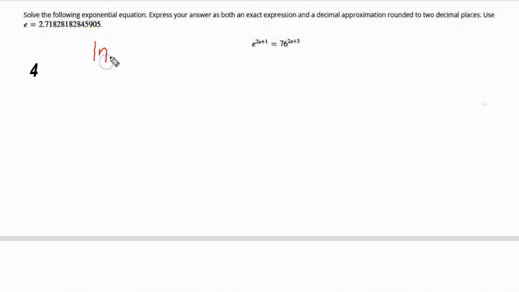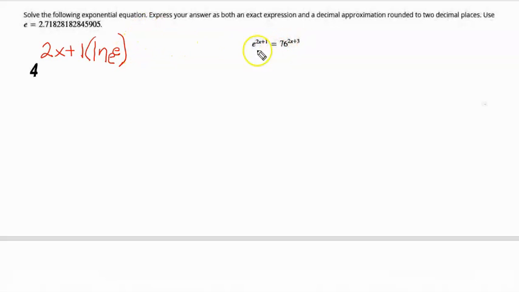Natural log base e of e. That's this part. We're going to take our exponent, put it out in front: 2x plus 1. But we know this is just going to become a 1.